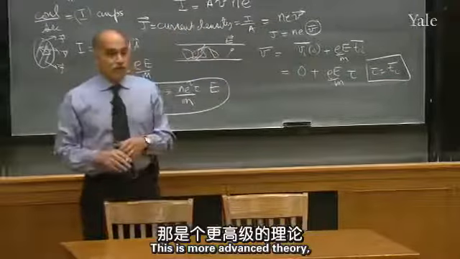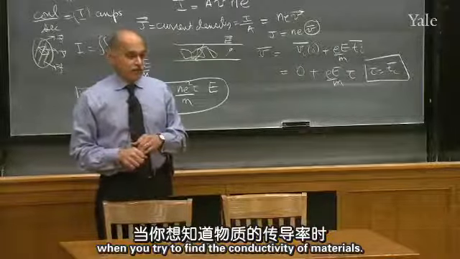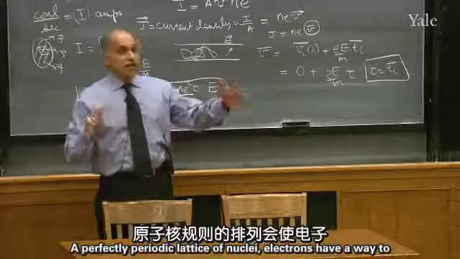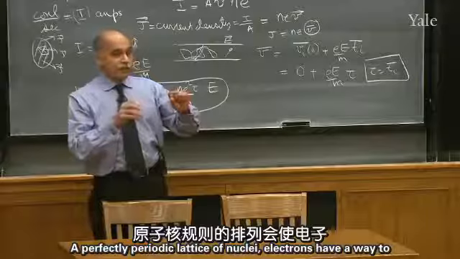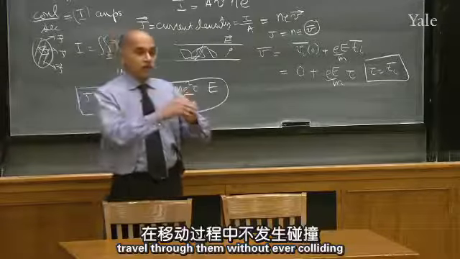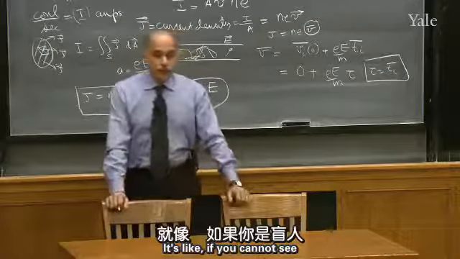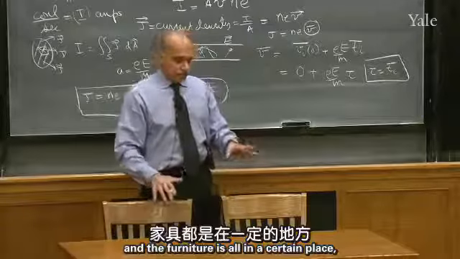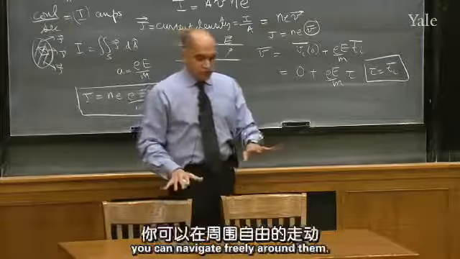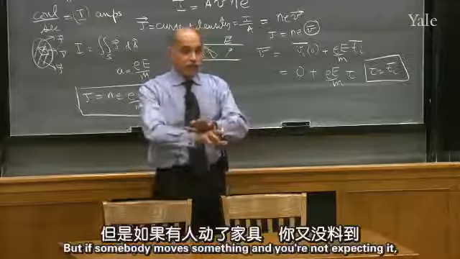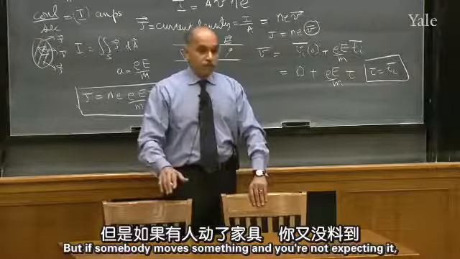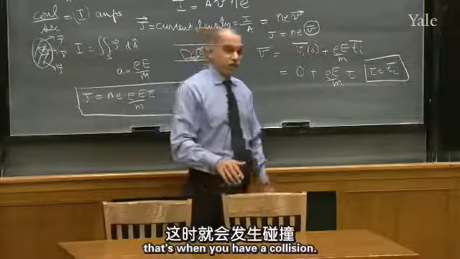This is more advanced theory when you try to find the conductivity of materials. With a perfectly periodic lattice of nuclei, electrons have a way to travel through them without ever colliding. It's like if you cannot see and the furniture is all in a certain place, you can navigate freely around it. But if somebody moves something, you're not expecting it, and that's when you have a collision.